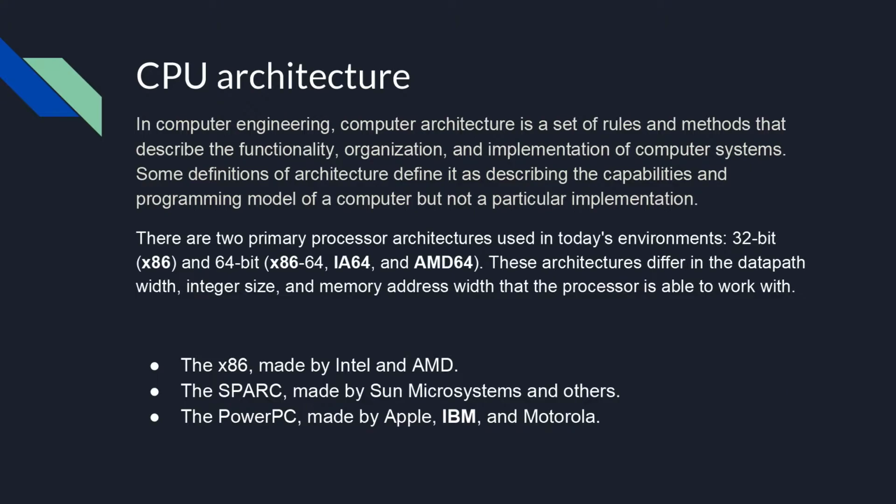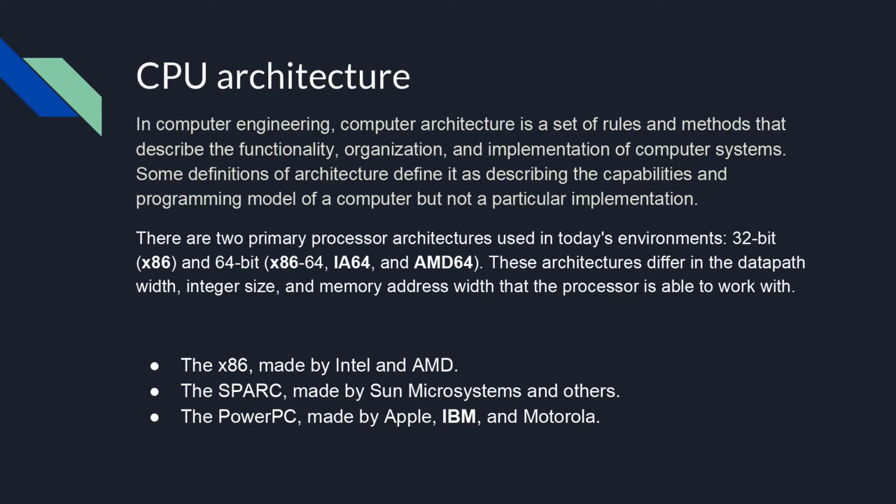There are two primary processor architectures used in today's environments: 32-bit x86 and 64-bit x86-64, IA64 and AMD64. These architectures differ in the data path width, integer size, and memory address width that the processor is able to work with.